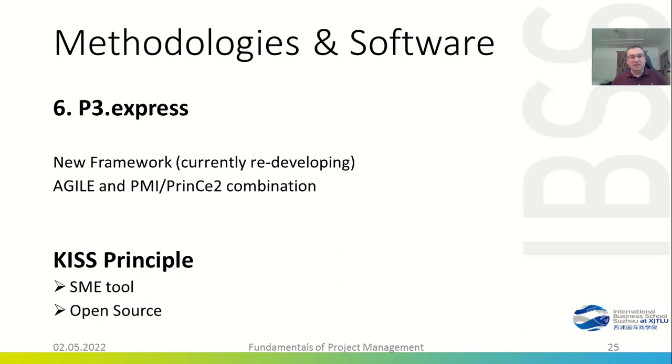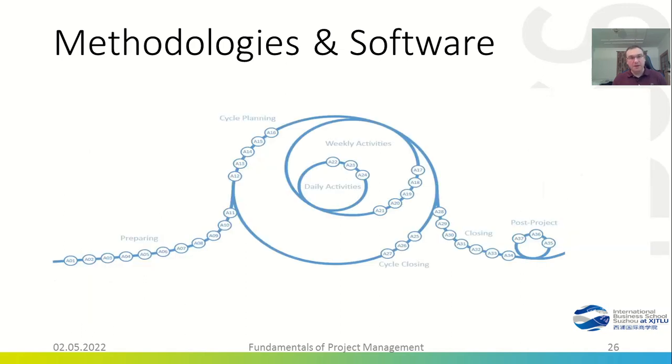What it is basically doing is putting PMI, Prince 2 together with Agile, attempting to review the project at all times so that only strategic fitting projects are being implemented. Now, this is what it looks like, and it consists of daily, weekly, and cycle activities.